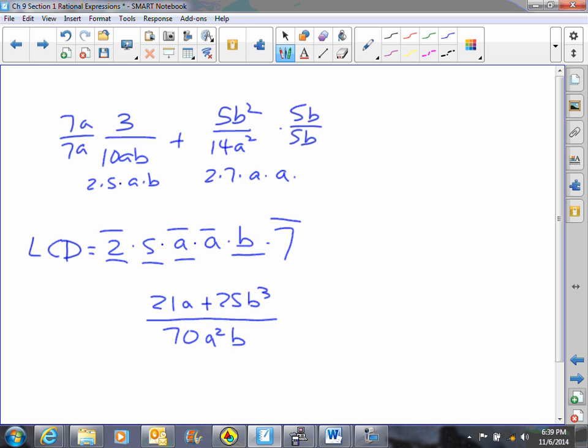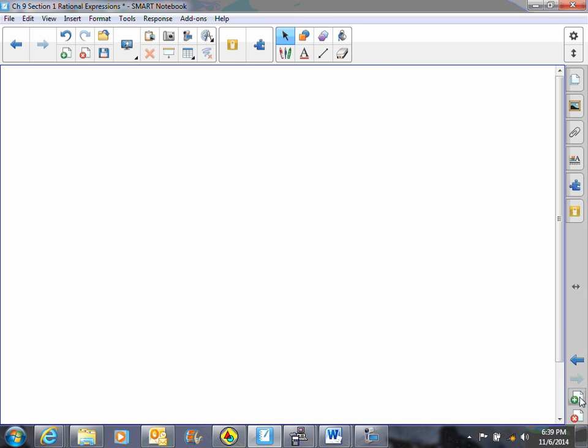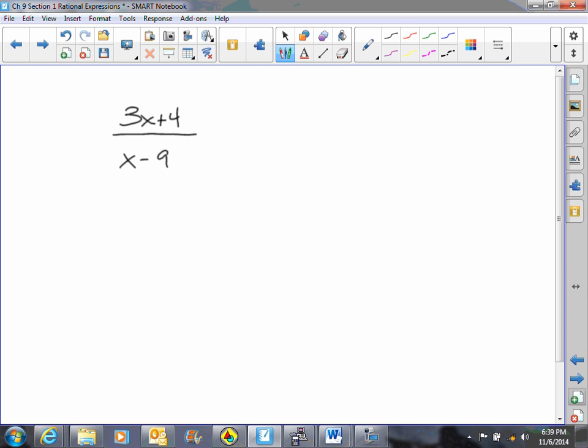All right, let's try one that doesn't have just monomials in the denominator. How about 3x plus 4 over x squared minus 9 minus 11 over 8x plus 24.